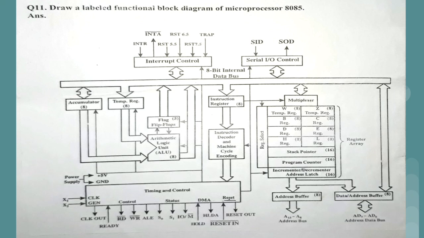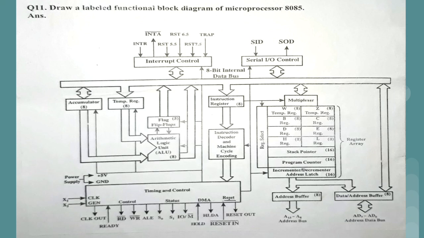Then if you notice the right hand side of the timing and control section, we have the address buffer, and again we have the data/address buffer. For these 2 sections, we have seen that there are a total of 16 address lines, out of which the initial ones, A0 to A7, are also used as the data bus.